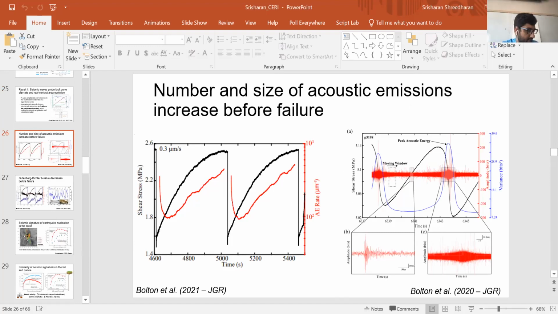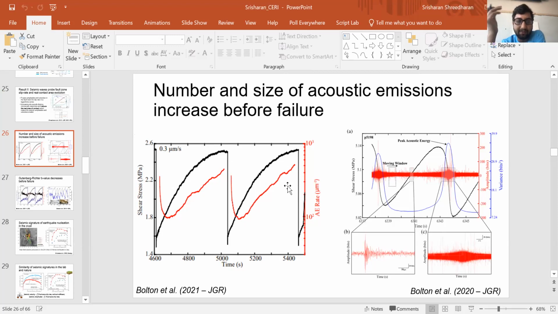Yeah, thank you. I have one question on the same slide, 26. Here you saw that the AE rate during the experiment is increasing linearly. I was expecting it could be more of an exponential increase as we increase the shear stress. Oh, you mean this is increasing linearly and you think it should be more exponential? Yes.